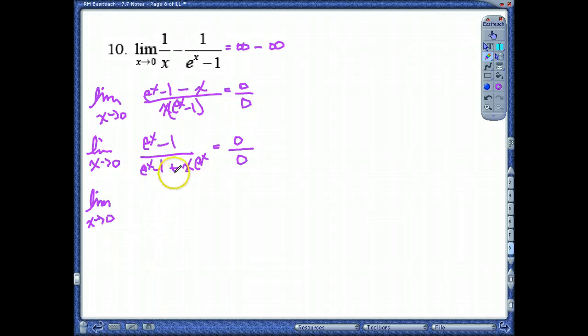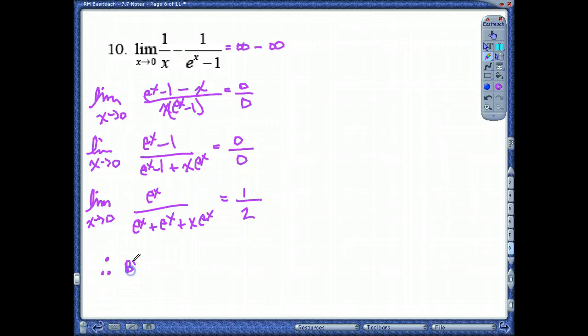You would be done. Okay, so I've got e to the x on top. On the bottom, I have e to the x, and then I have another product rule, so I have e to the x plus x e to the x. When I put 0 in, I get 1 on top, so I know I'm going to be finished. I have no more L'Hopital's rule. I get 1 plus 1 plus 0, so I get 2.